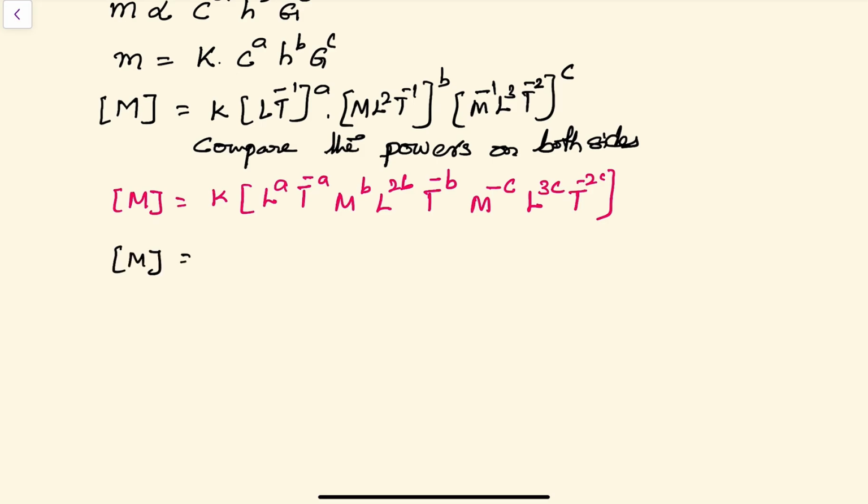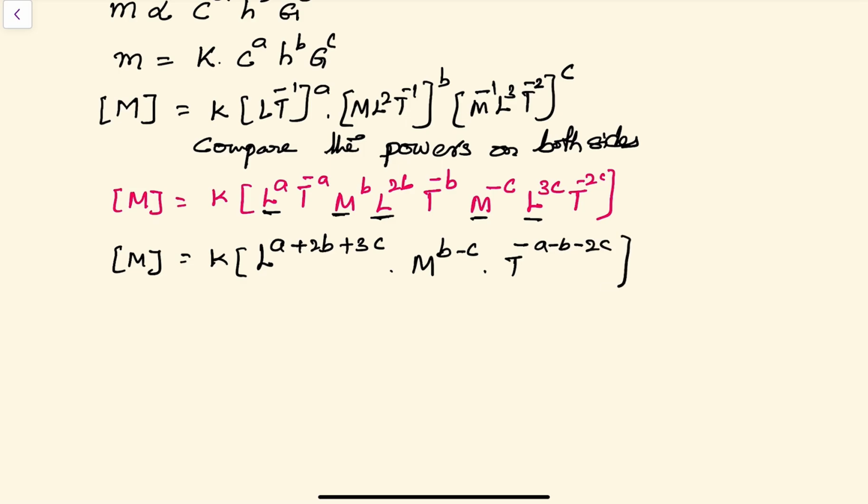M is equal to K into L power a plus 2b plus 3c, M power b minus c and T power minus a minus b minus 2c. Okay.